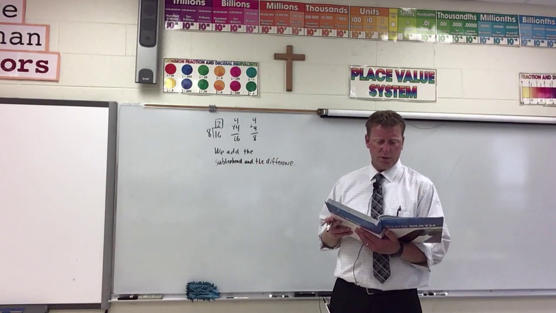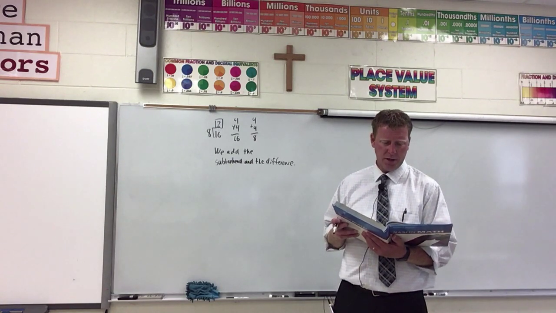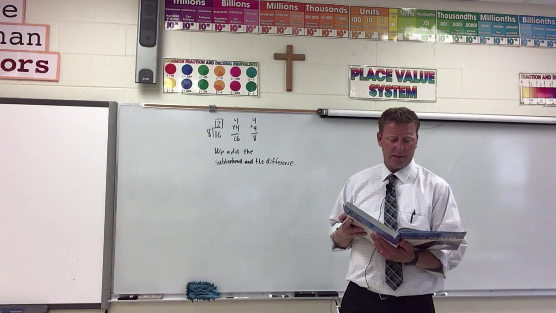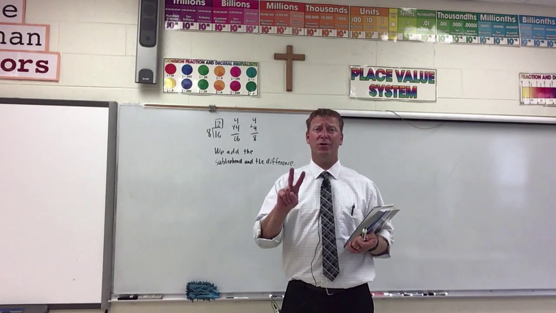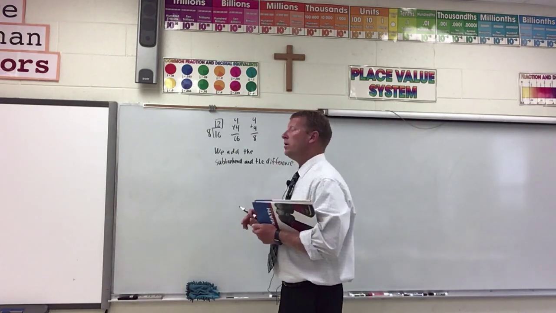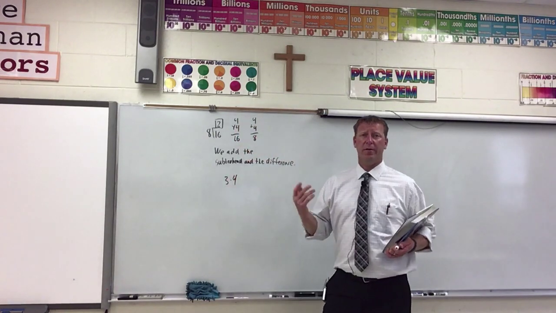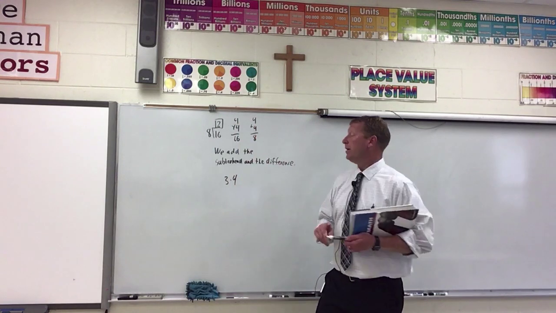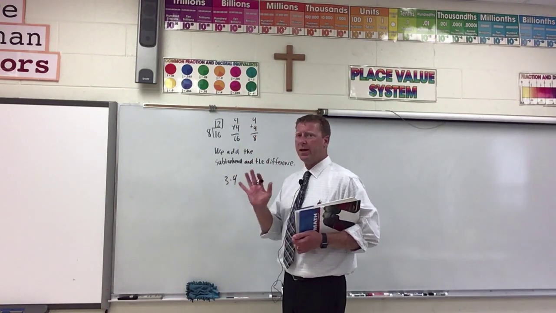Number 5, use the numbers 3 and 4 to illustrate the commutative property of multiplication. Use a center dot to indicate multiplication. Commutative property means I can change the order. So I do 3 times 4. Remember, they told me to use a dot. Now, lots of times, 6th graders will go, 3 times 4 equals 12.